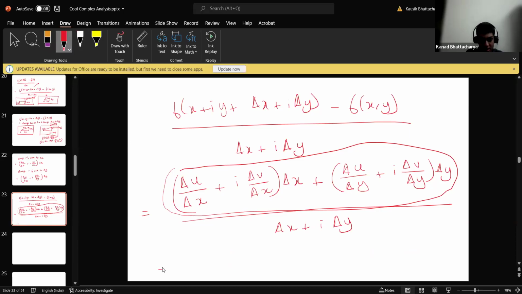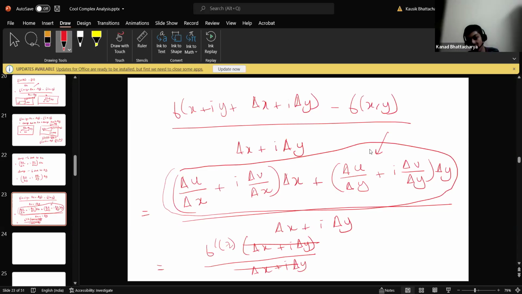So what we want is the numerator to be approximately equal to some complex number f dash z, which is independent of delta x and delta y, which is the key thing here. It's only dependent on z and not delta x and delta y, so that when we write it out, this and this will cancel. So we need to figure out when this expression factors out nicely in the form of some complex number.